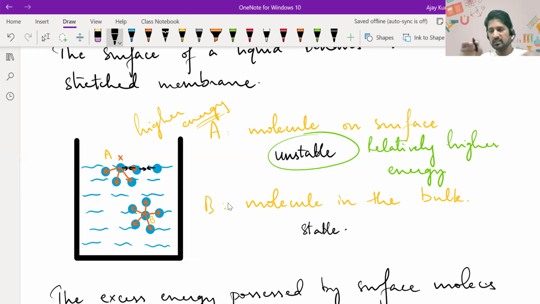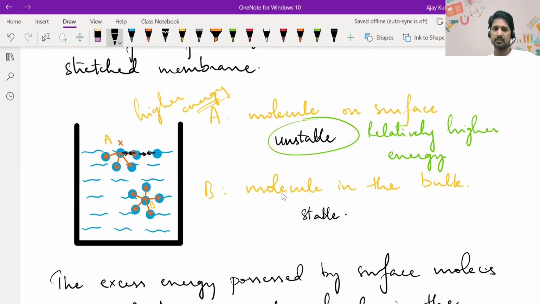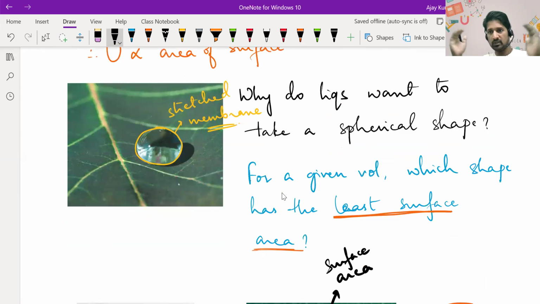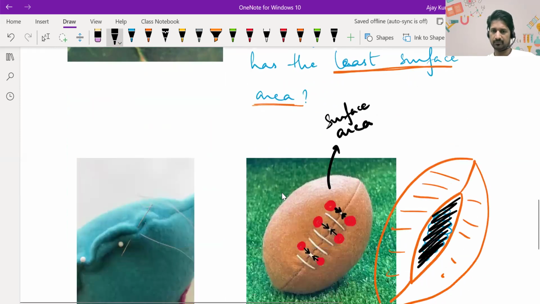So those forces will be there between surface molecules. As a result, it's like all the surface molecules are holding hands and pulling their neighbors towards themselves. So effectively, the surface behaves like a stretched membrane. That is how the liquid successfully reduces its surface area.